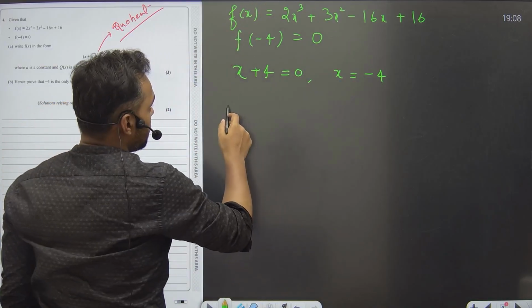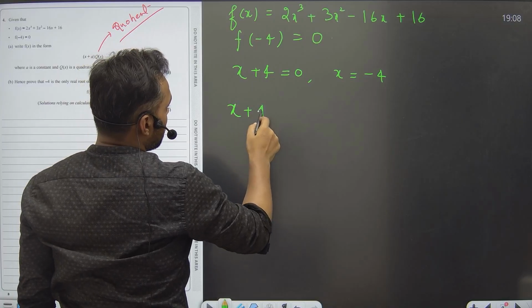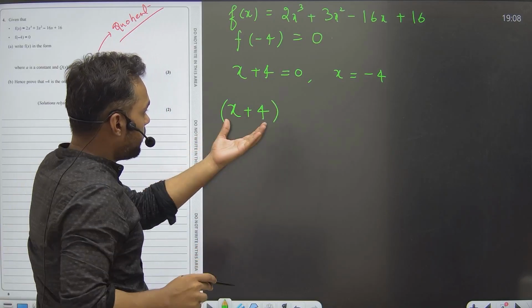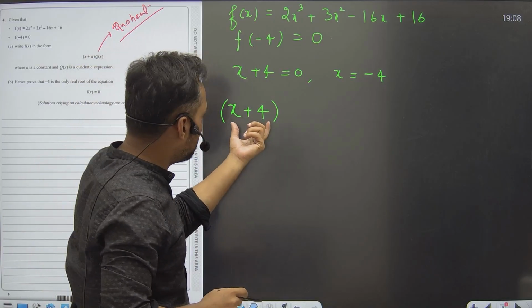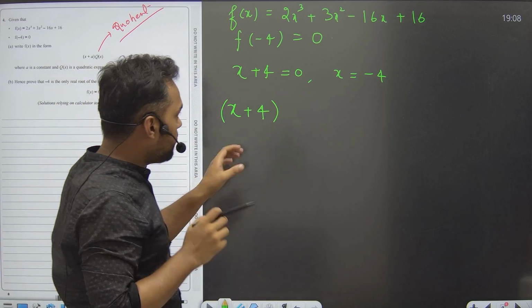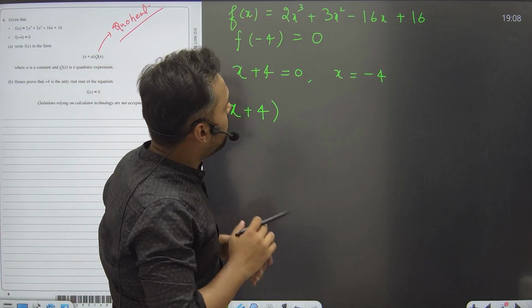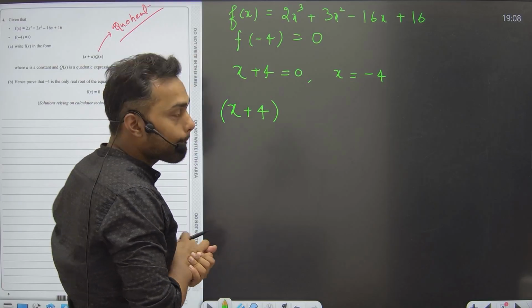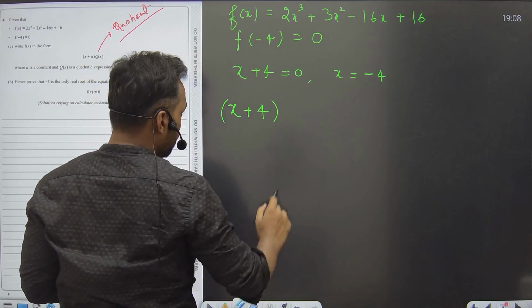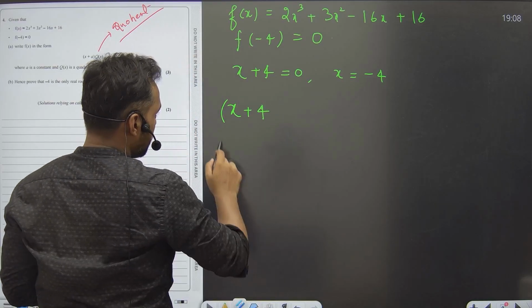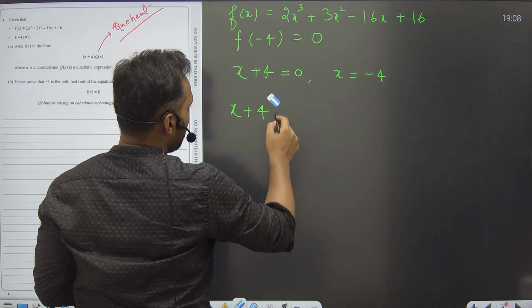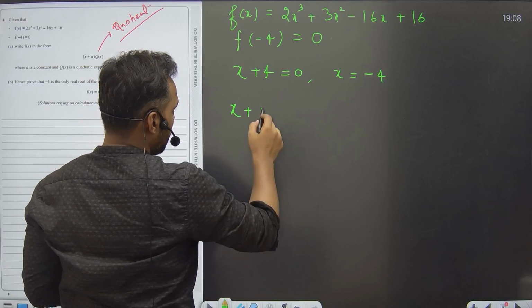So we can say that x plus 4 is a factor of this function. If we know that this is a factor of this function, we will directly divide it.